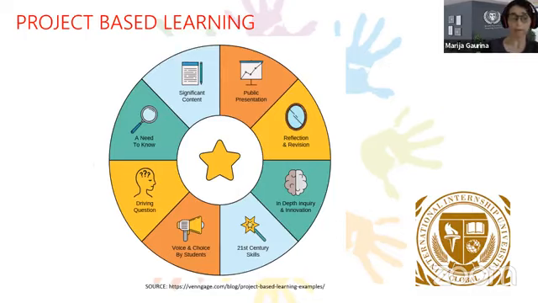Additionally, PBL helps students develop critical thinking, which is also very important, and problem-solving skills, as they must analyze information, identify relevant data, and make informed decisions.